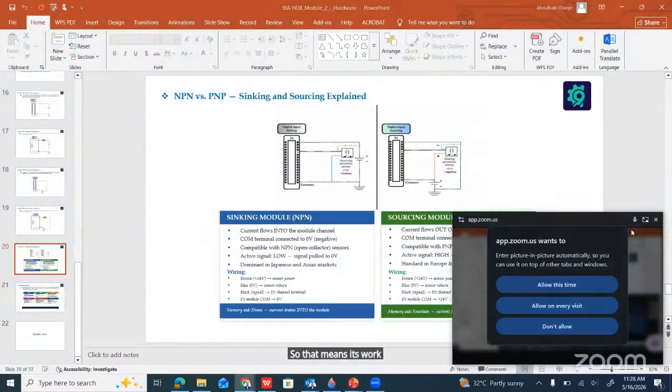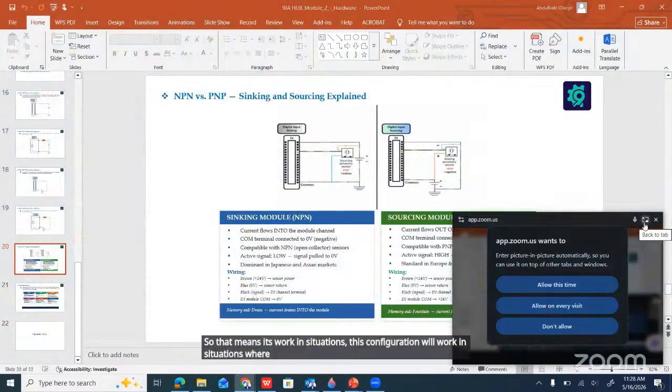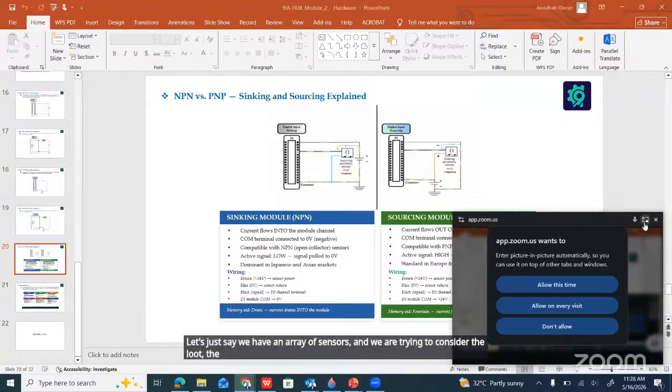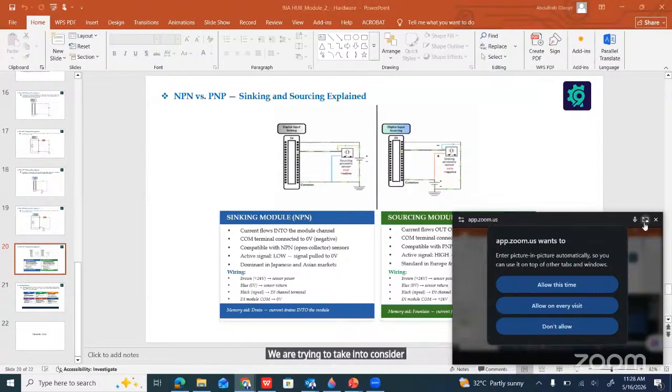This configuration will work in situations whereby, let's say we have an array of sensors and we are trying to take into consideration the power consumption of each of these sensors.